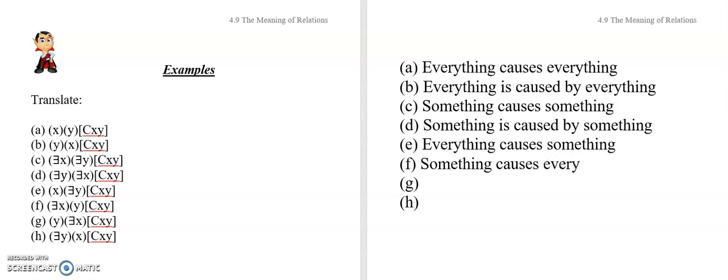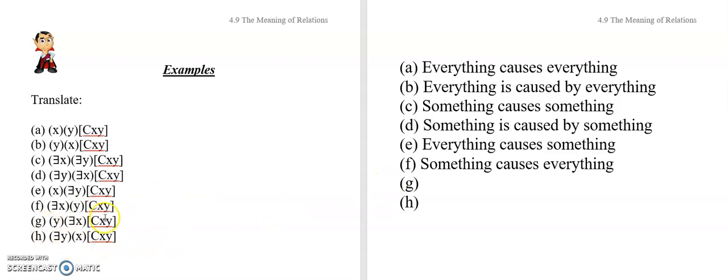There's at least one thing that causes everything. In other words, in my bag, in my domain, in Santa's bag, at least one thing in there caused everything. There's at least one thing in there that satisfies this description. It causes everything. So it's interesting.